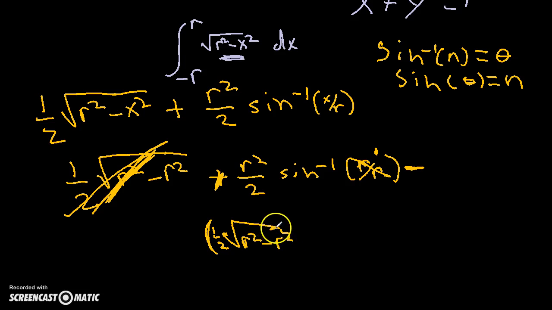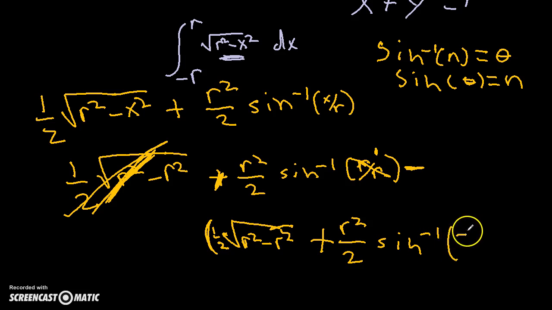And we're taking r to be a positive number because you really can't have a negative radius. So now continuing, we can do plus r squared over 2 times the inverse sine of negative r over r, and that will cancel out to be -1. Oh yes, and also this will cancel out similar to before.